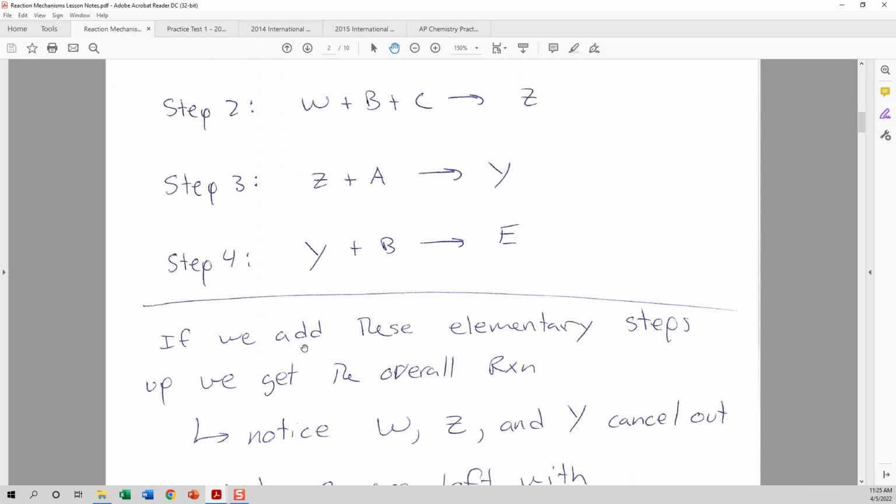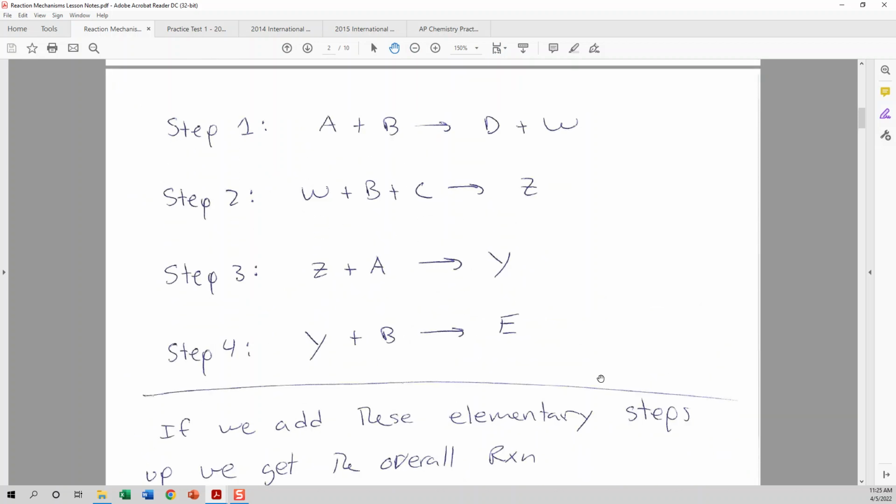All right, so if we add these elementary steps up, and that's what a single step of a reaction mechanism is called, an elementary step. An elementary step is a collision that actually occurs. So an elementary step shows the collision that needs to occur. It doesn't show you the right orientation, but this is telling me that A has to collide with B. And if that happens, then we can get a D and a W. And then these three particles all have to collide to form a Z. And then, once Z is created, Z can collide with another A particle to form a Y, and so on.